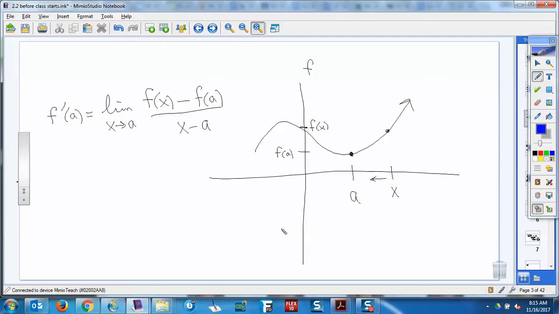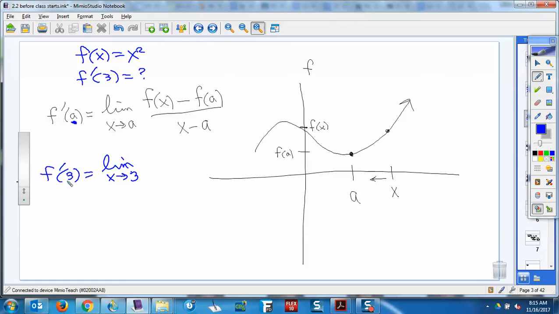All right, what would it look like in this scenario? Same problem. F of x equals x squared. F prime of 3. Well, f prime of 3 would equal the limit as x approaches, what's a? 3, right?